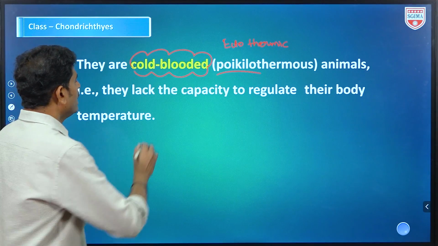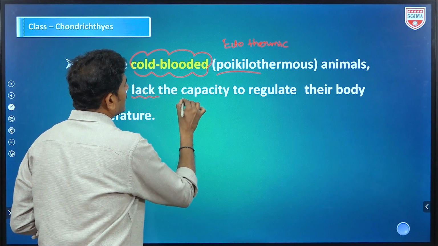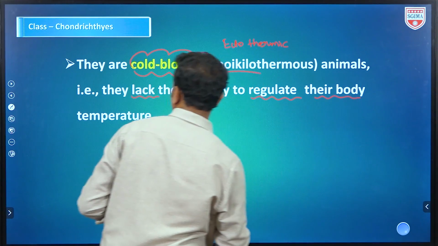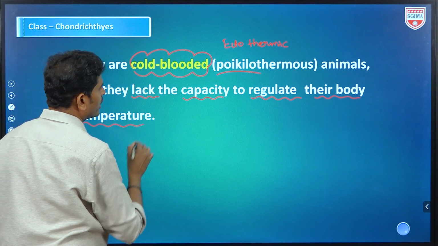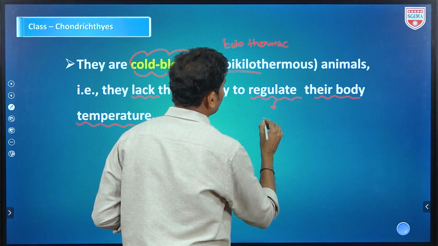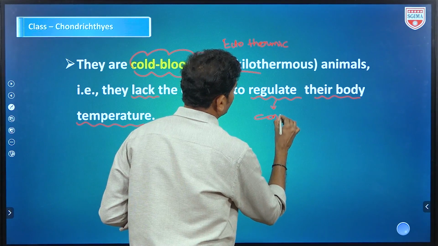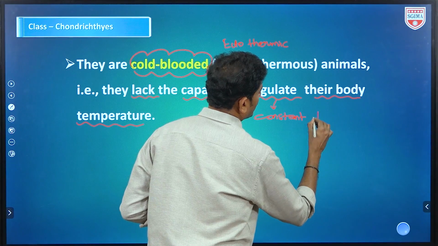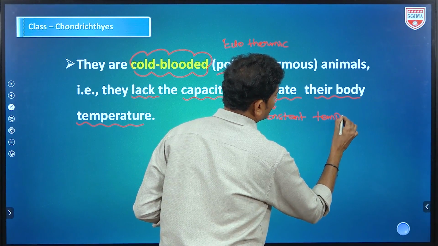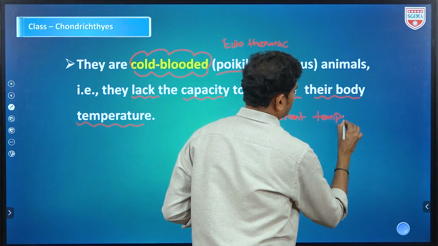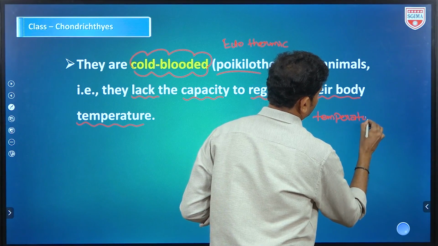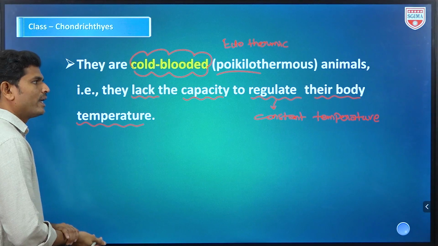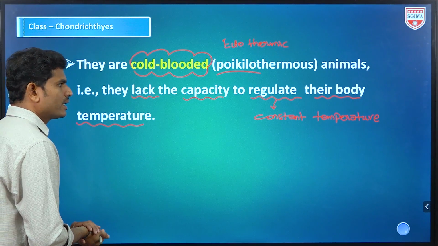They lack the capacity to regulate their body temperature. That's why they are called cold-blooded organisms, poikilothermic or ectothermic.